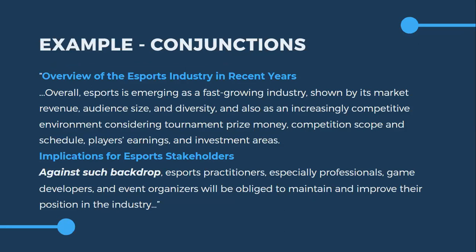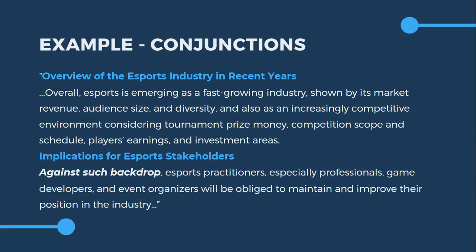So here's an example of how I use conjunctions to emphasize the logical relationship between two sections in my paper. I have a first section talking about the overview of the esports industry. Basically, I was talking about how esports is growing to be more popular and more competitive. And then I moved on to talking about the implications for esports stakeholders.